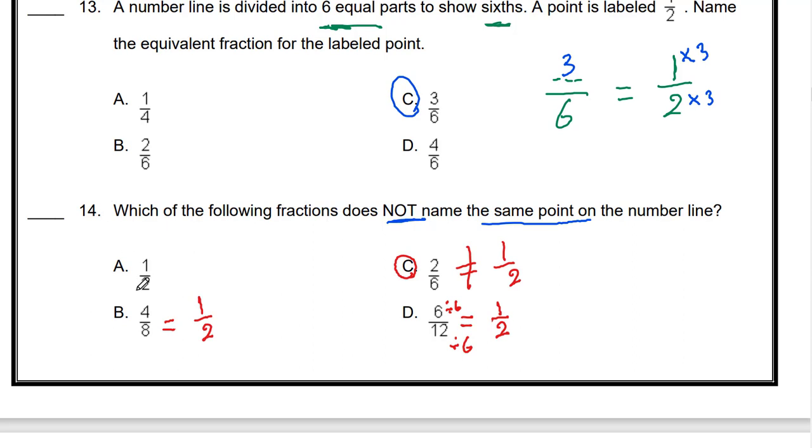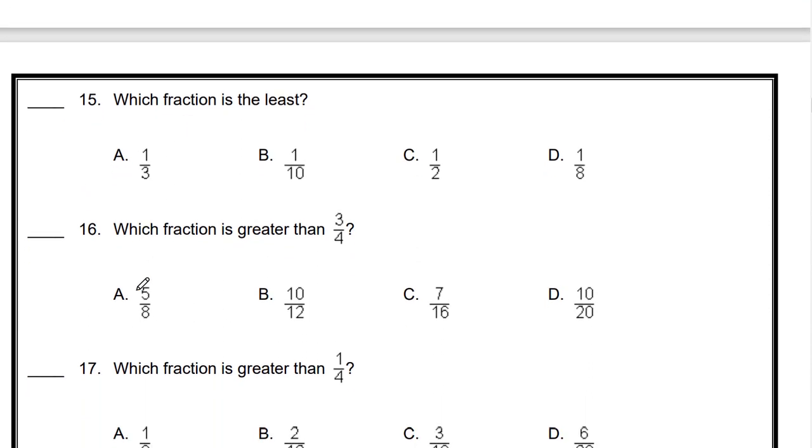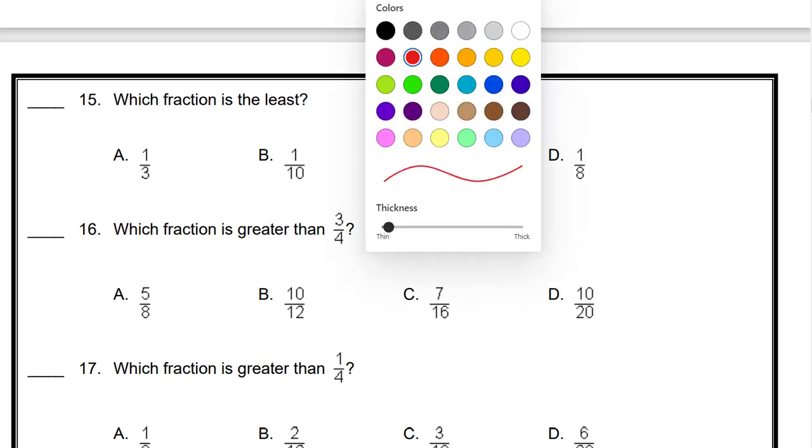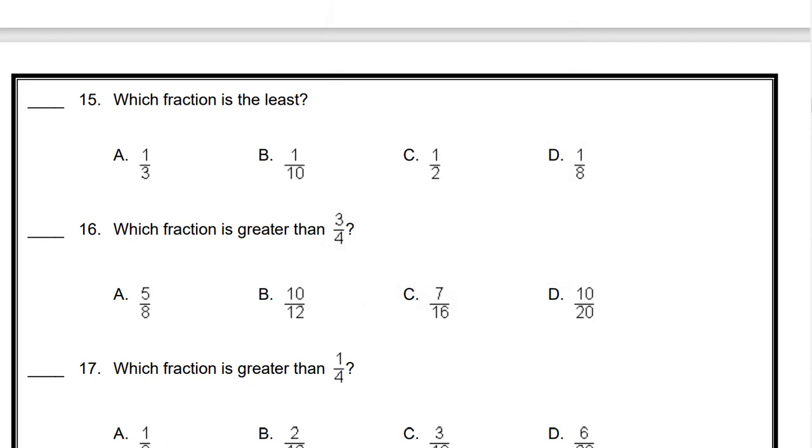Hussein, go ahead. Explain to us question number 15. Which fraction is the least?